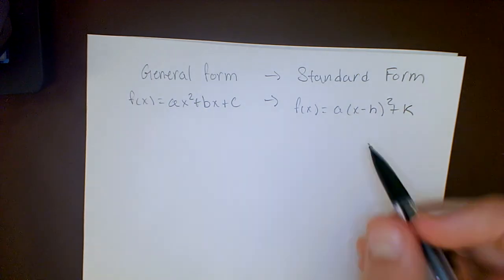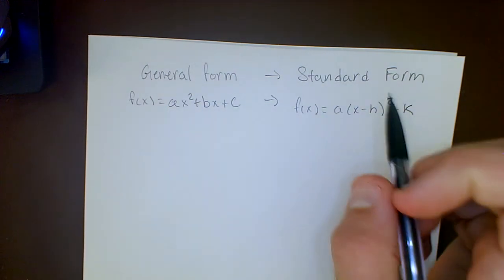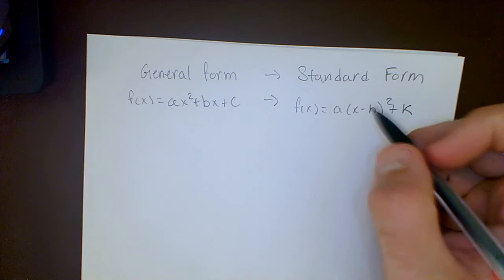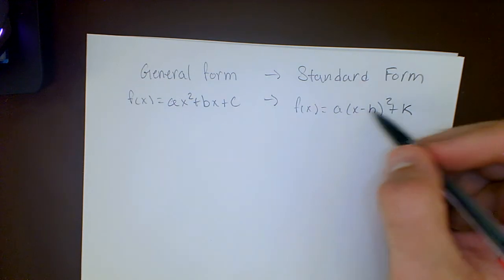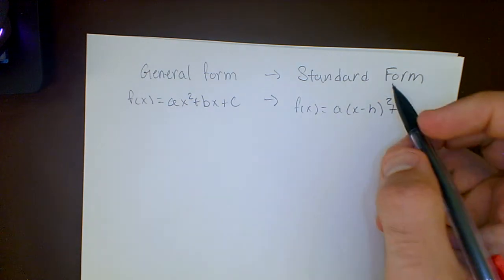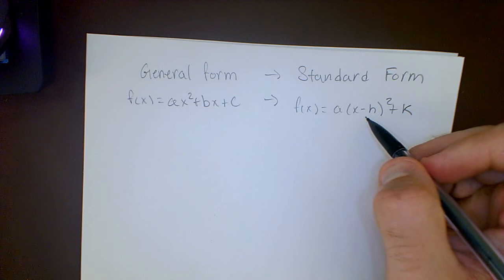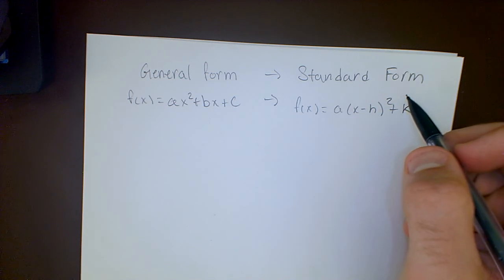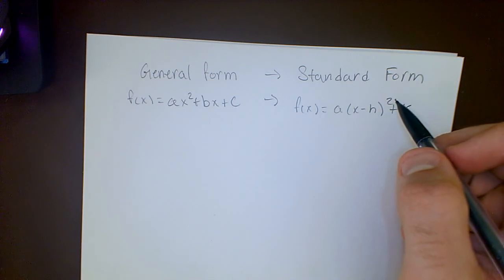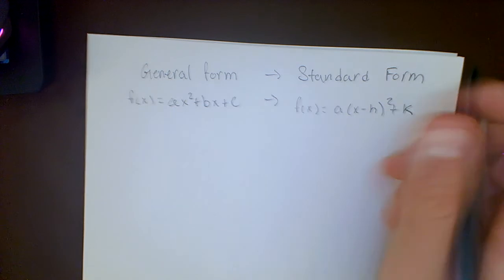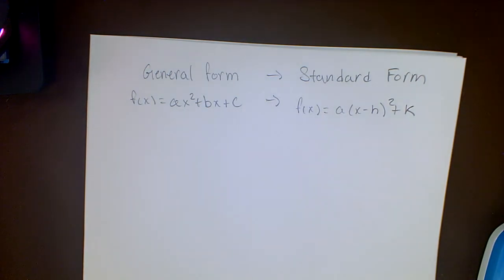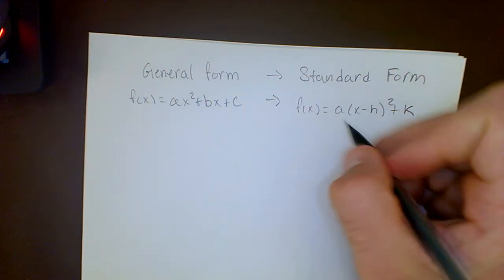Because going from standard form to general form is a bit easier, because all you have to do is multiply, distribute out this squared, FOIL it, and then simplify, like we did when solving for some of those x-intercepts. I'll just do it real quick.